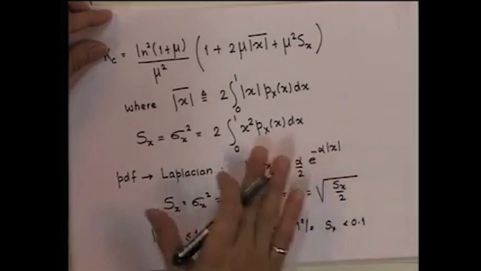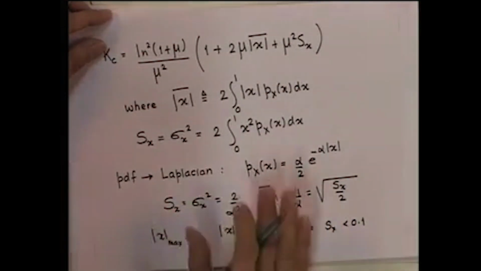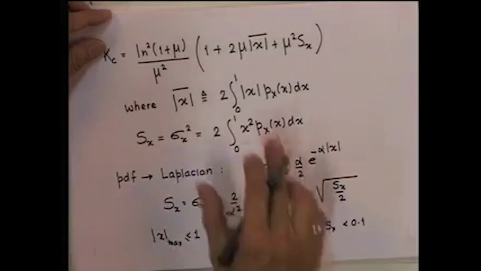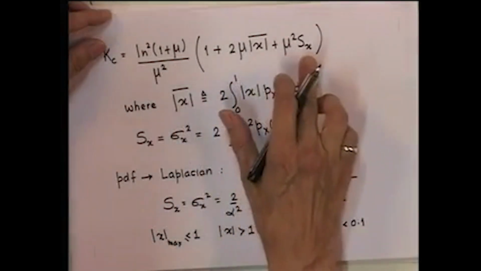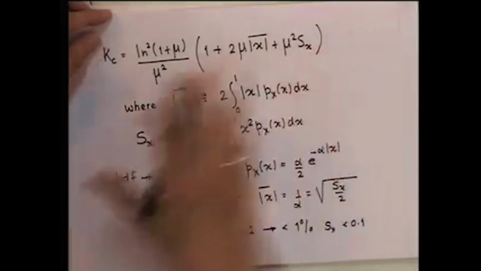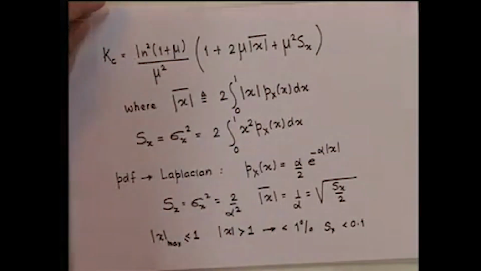Now, other voice PDF models yield about the same relationship between mod x and S x, which is the critical factor for evaluating K c.